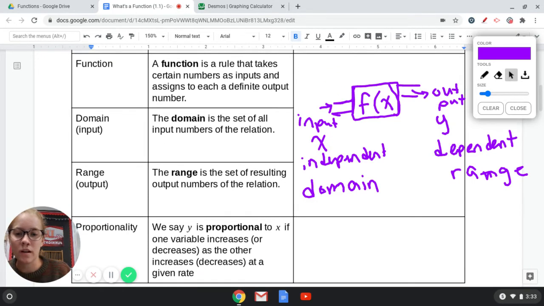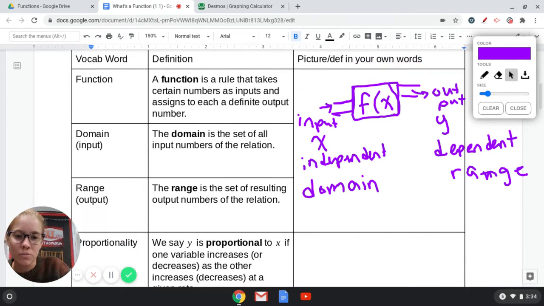Okay, and then lastly, we've got proportionality. So y is proportional to x if one variable increases as the other increases, or as one variable decreases while the other decreases. We're looking for the same rate here, which is essentially going to be linear. They're very similar, the word proportional and the word linear, just a line.